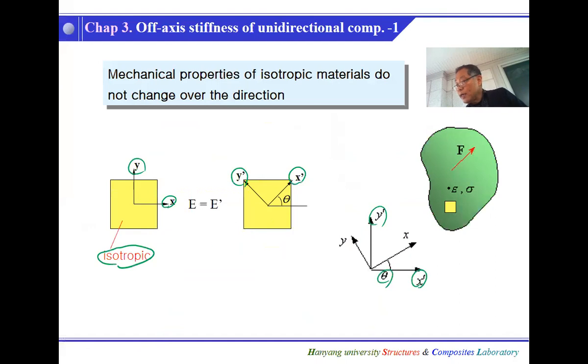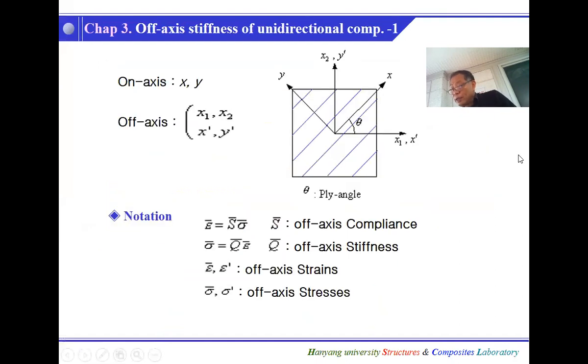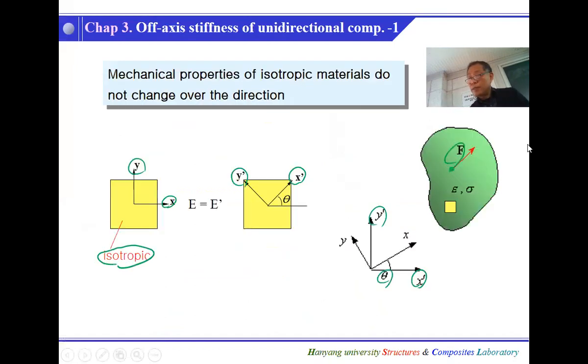Now, to indicate a material property somewhere here, for example, a vector, this theory was briefly explained, but the mechanical properties of an isotropic material do not change.